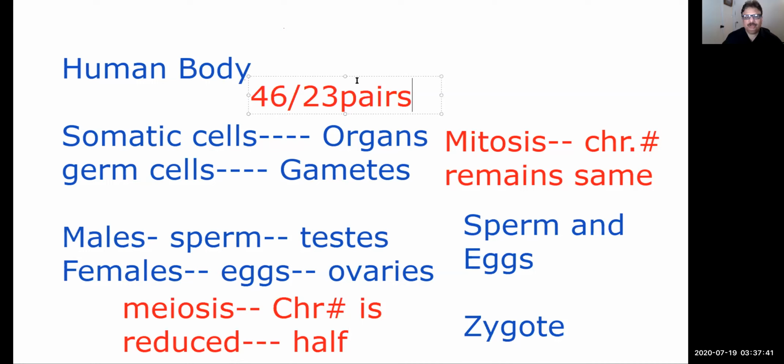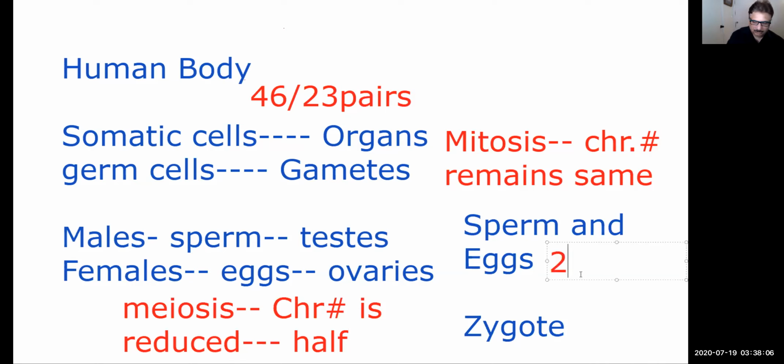So when the sperm and eggs are fertilizing, if the numbers are not reduced from 46 to 23, then our species will be lost because the number of chromosomes will be doubled, and that's not a good sign.